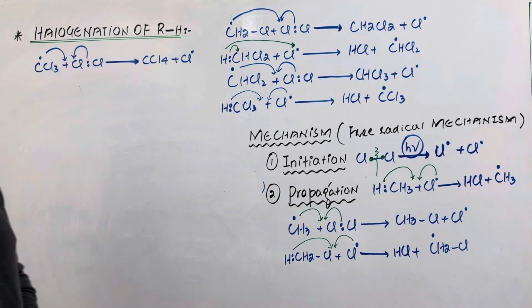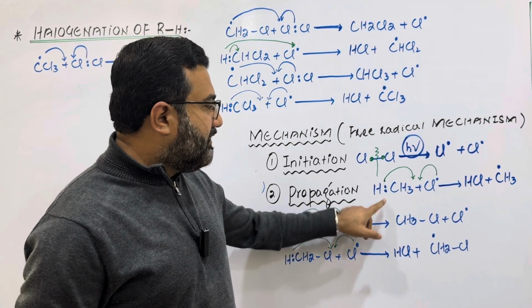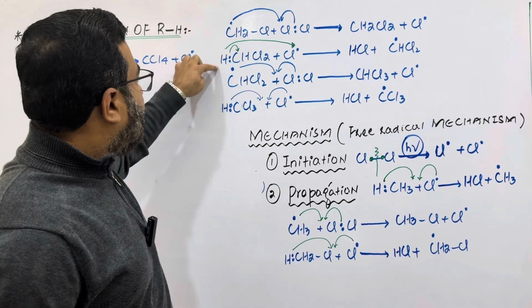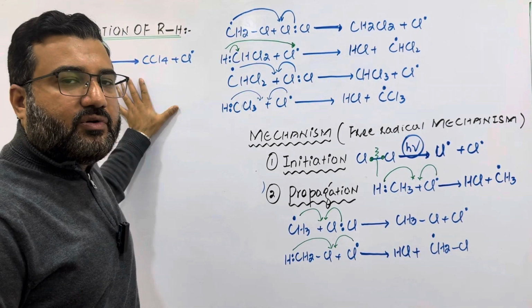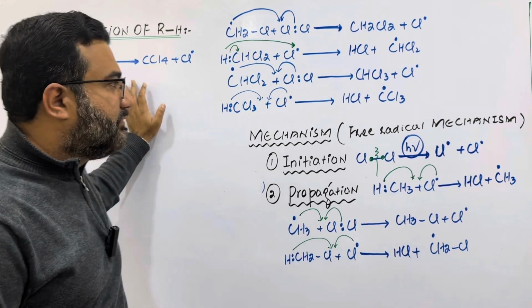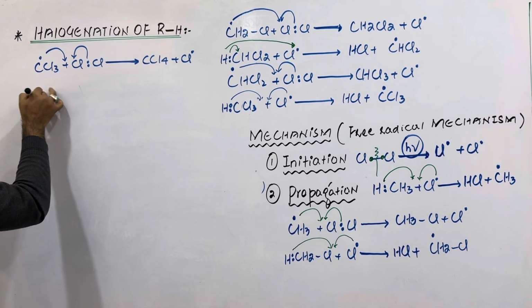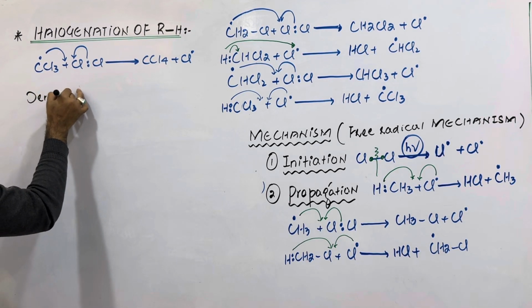In this way, through these 8 steps, there are total 8 steps: 1, 2, 3, 4, 5, 6, 7 and 8. The 4 hydrogens of the methane will be replaced by the chlorine atoms and in this way you will get different products. The last step is obviously termination.